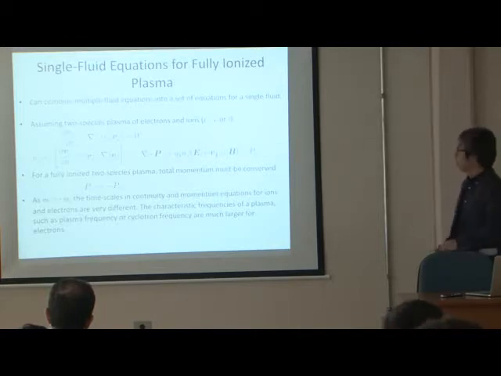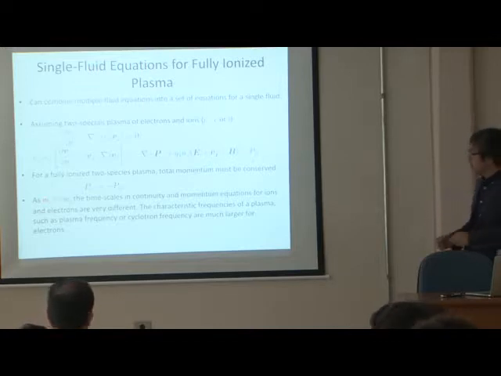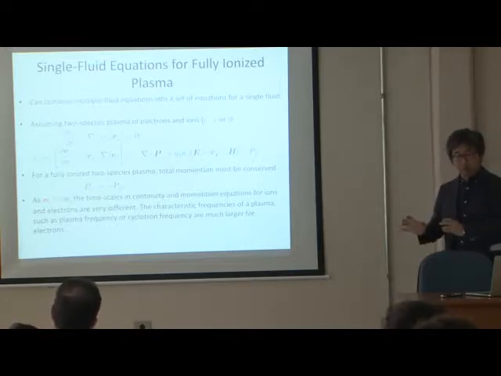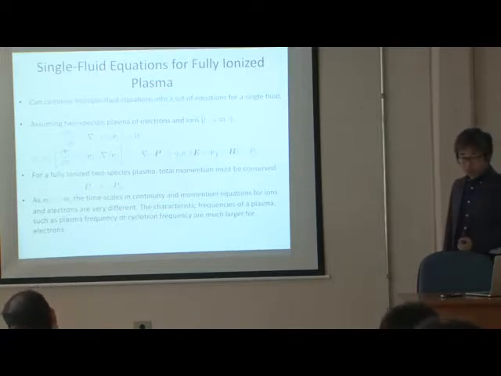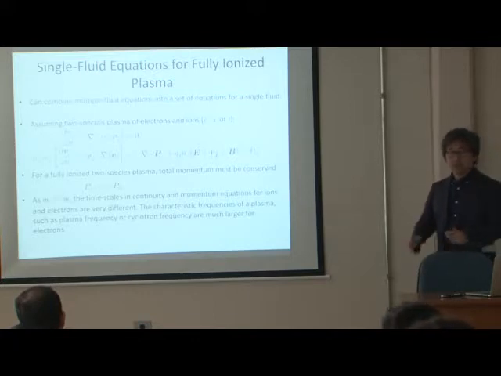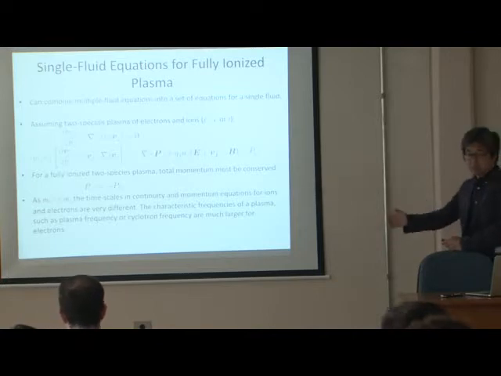This is the same. Also, the mass difference between electron and ion is very large, so the ion mass is much larger than the electron mass. Then the time scales in the continuity and momentum equations for the ion and electron are very different. The characteristic frequencies, the plasma frequency and cyclotron frequency, are also much smaller for the ion than for the electron. So everything is dominated by the ion if you think about the larger scale.